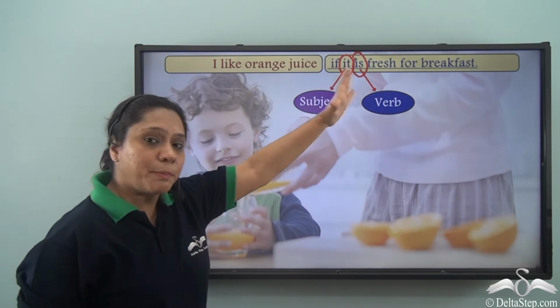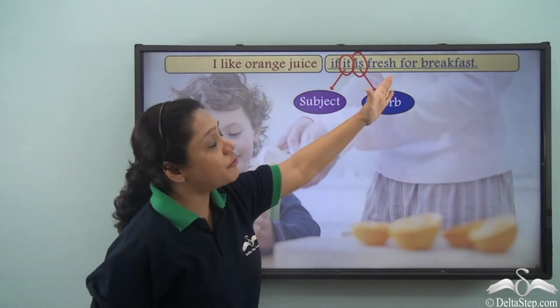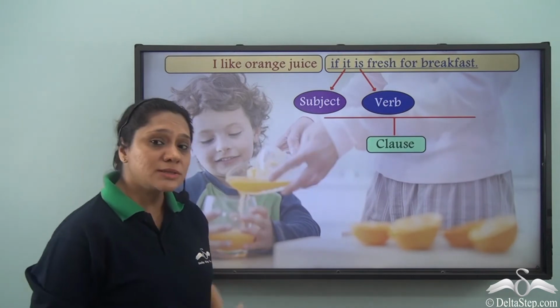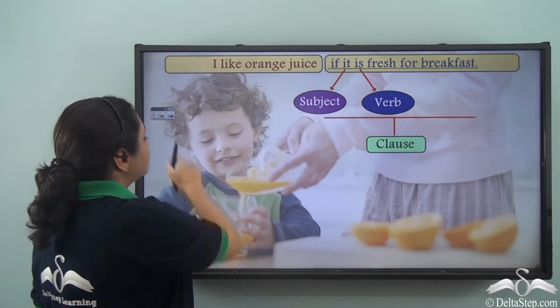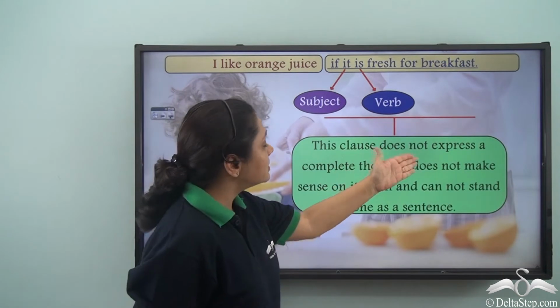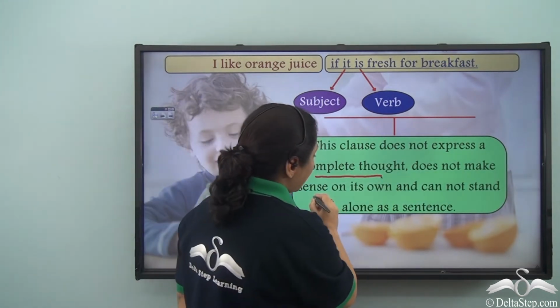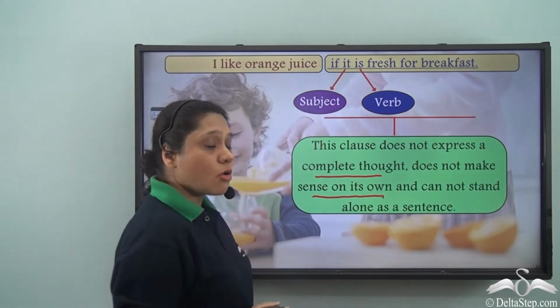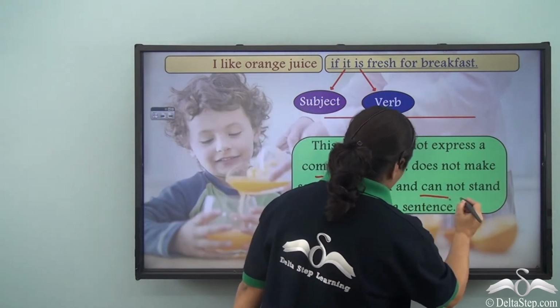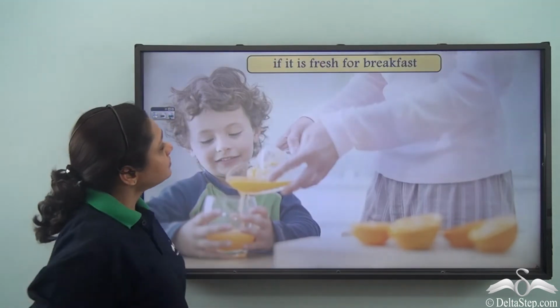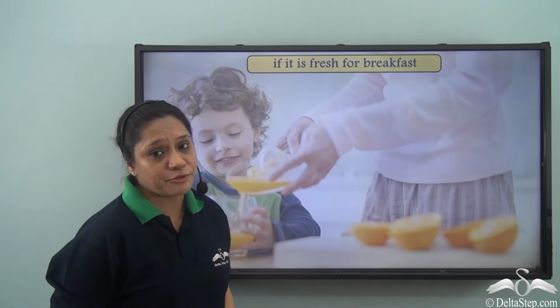So, the second part, if it is fresh for breakfast, is also a clause, but this clause does not express complete thought. It does not make any sense on its own and cannot stand alone as a sentence. Can we say, if it is fresh for breakfast?